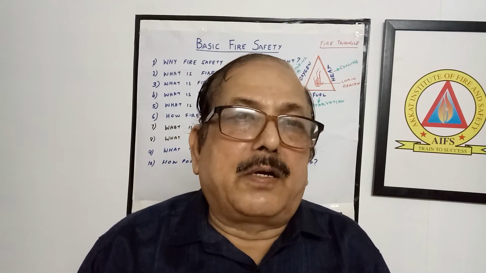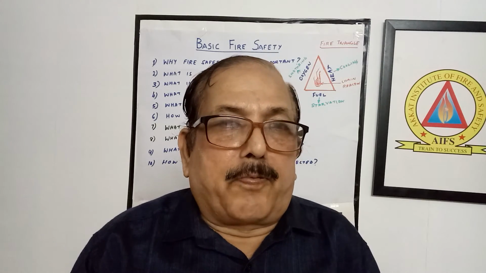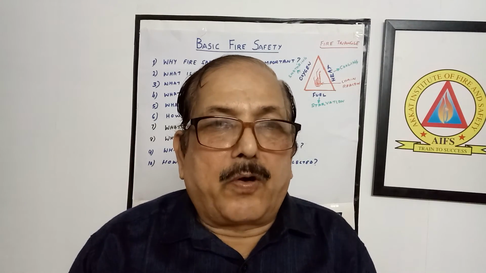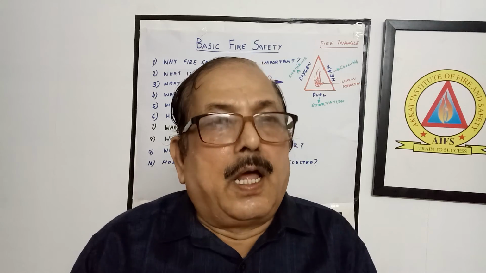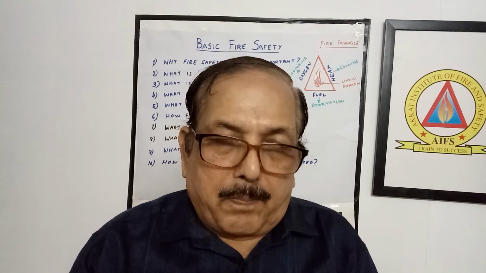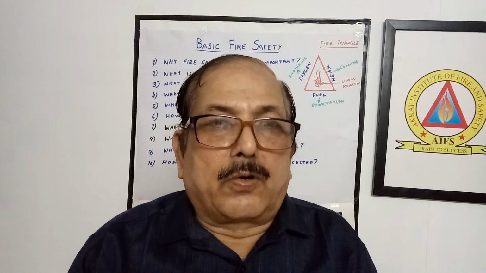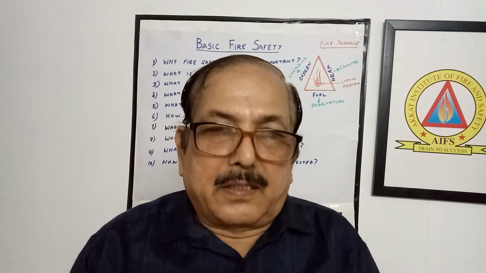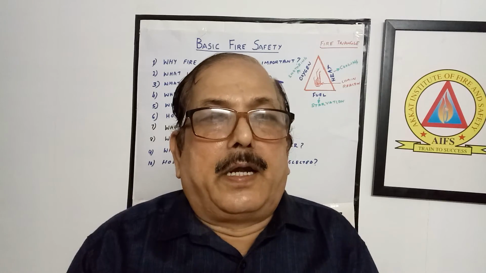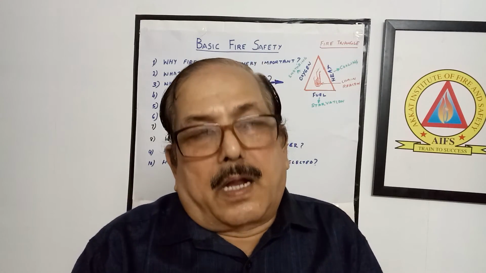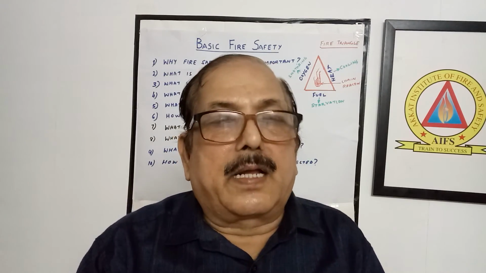So today what we have discussed is the types of fire extinguishers. There are 4 types of fire extinguishers. The water type has a complete red body. Then CO2 has a complete red body and a black band. Another one is DCP, dry chemical powder, with a complete red body and a blue band.